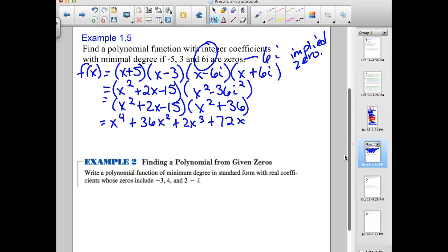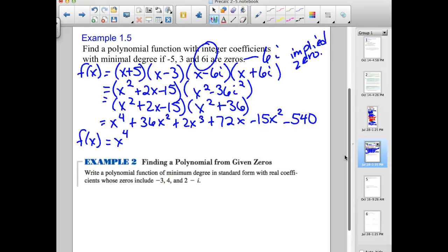And negative 15 times x squared. And then negative 15 times 36, so negative 540.